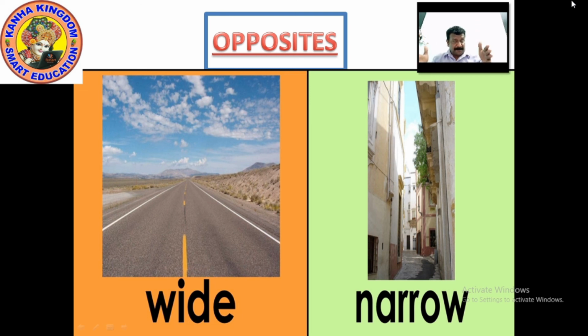In between you find a narrow place where one car can move, but that is narrow compared to the width of the large big roads, express roads, which are 90 feet, which is very much broad and wide. Compared to that, these passages are called narrow. Wide, narrow. Opposite of wide is narrow, and opposite of narrow is wide. Wide.